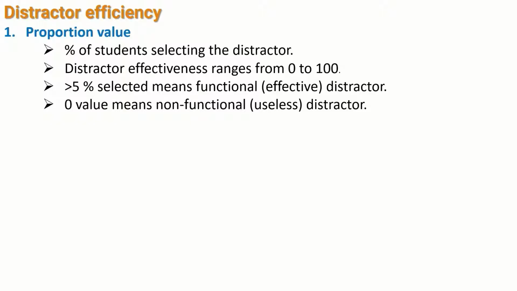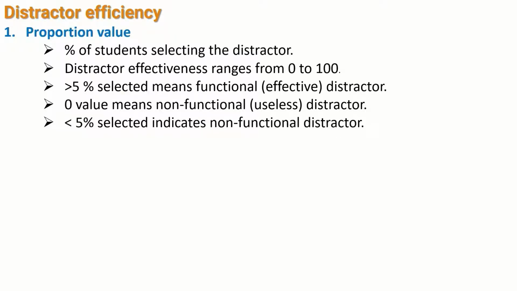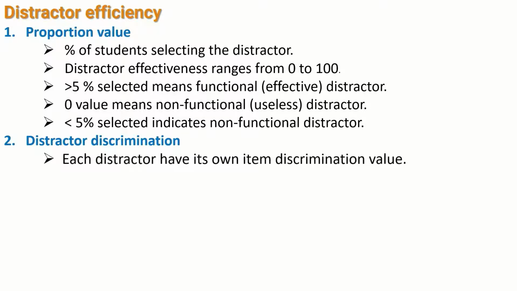A distractor that has not been selected by any student is a non-functional, useless distractor. And a distractor that has been selected by less than 5% of the students is considered to be a non-functional distractor.